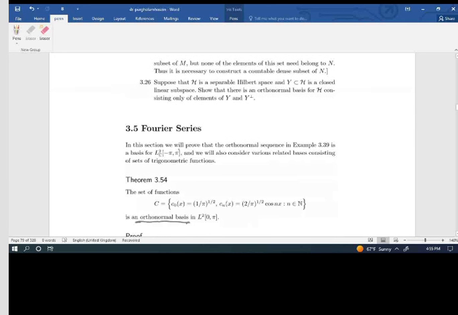Fourier series, we don't need it. You can omit this. Omitted, or محذوف.